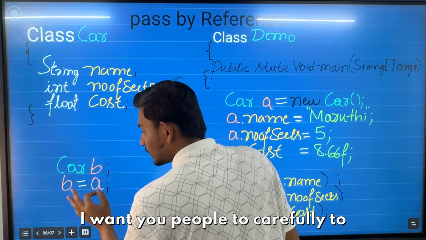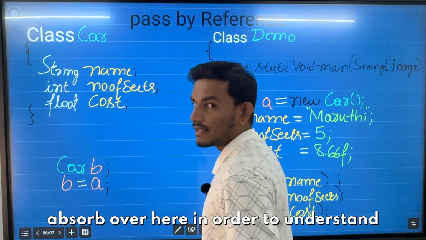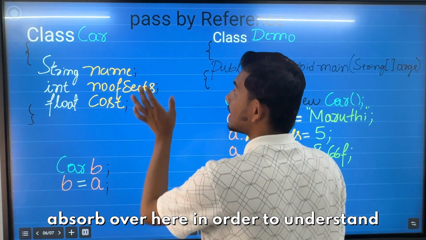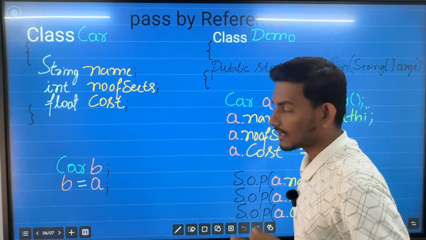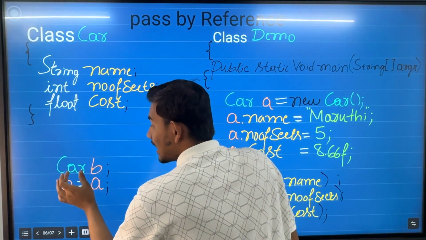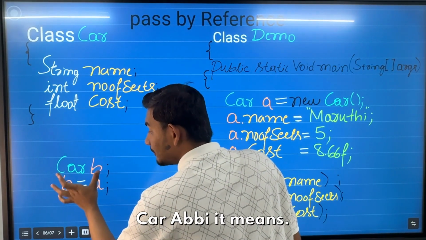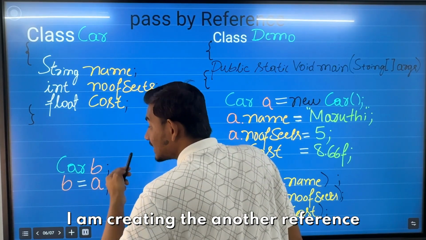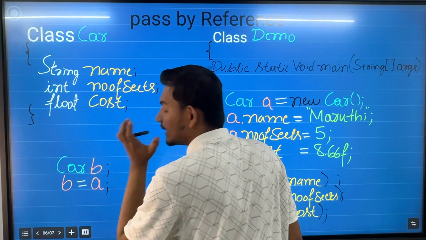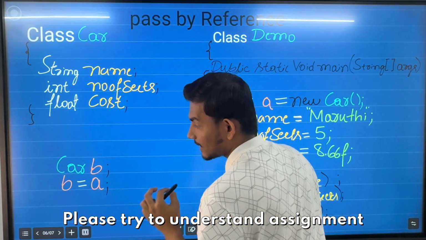I want you people to carefully observe over here in order to understand what we mean by pass by reference. Guys, Car B means I am creating another reference variable called B. Now, please try to understand.